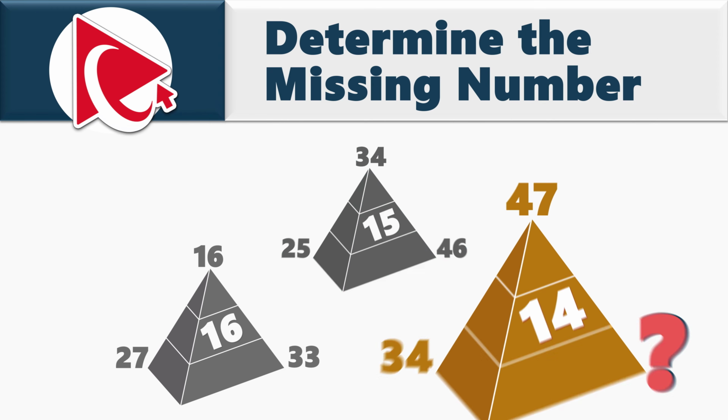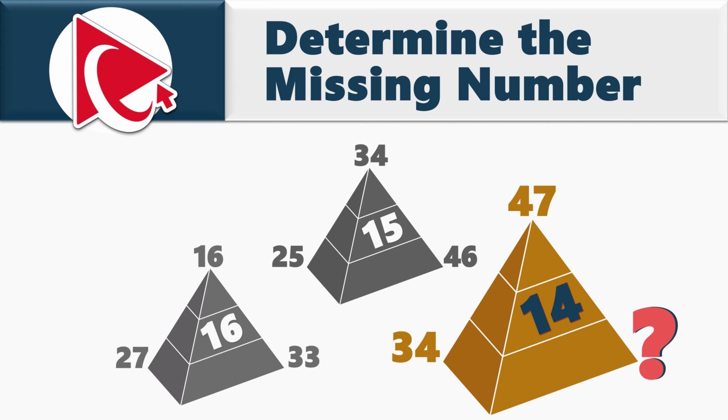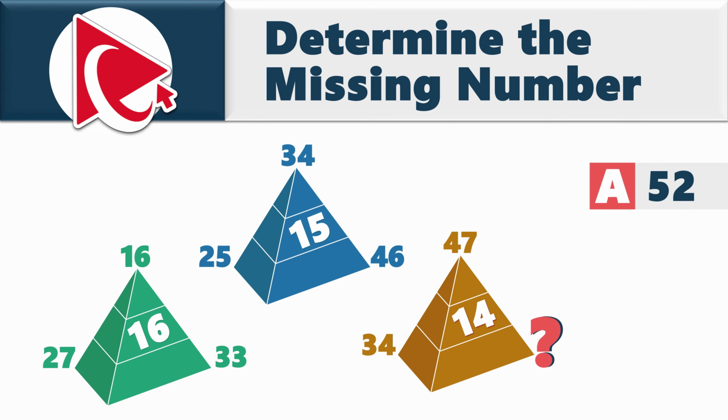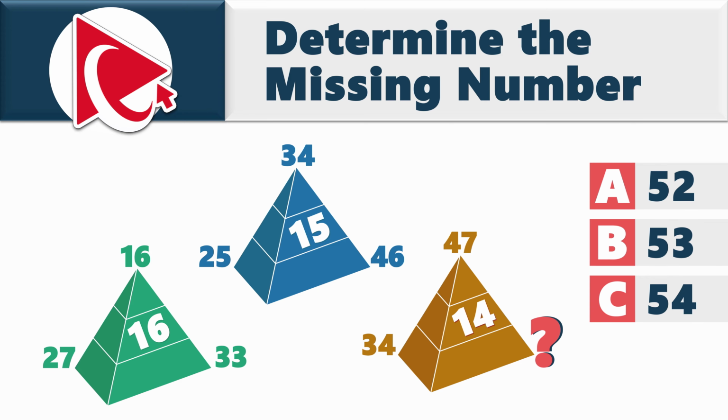And on the last pyramid, the inside number is 14, and the numbers on the outside are 34, 47, and then comes the missing number, which you need to determine and select out of 4 possible choices. Choice A, 52, choice B, 53, choice C, 54, and last but not least, choice D, 55.